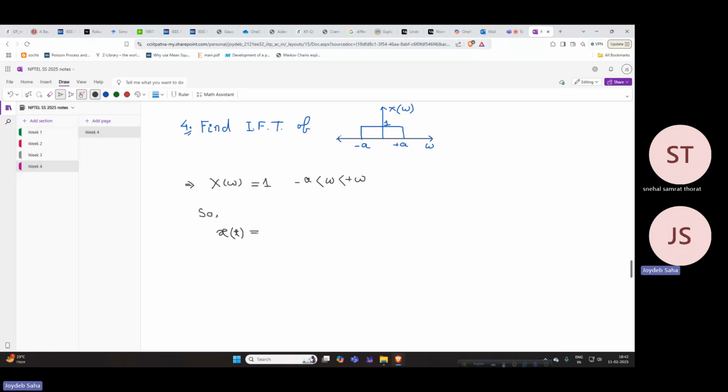x(t) is equal to 1 upon 2 pi, integral from minus infinity to plus infinity of X(omega) e to the power j omega t d omega.